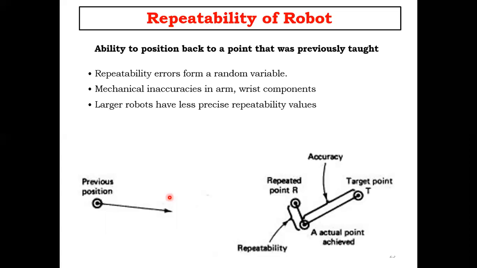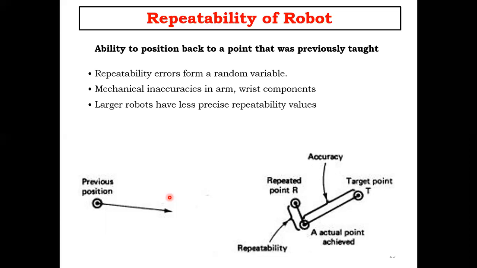Repeatability of a robot is the ability to position back to a point that was previously taught. Repeatability errors form a random variable, caused by mechanical inaccuracies in the arm and wrist components. Larger robots have less precise repeatability values. Here is an example.